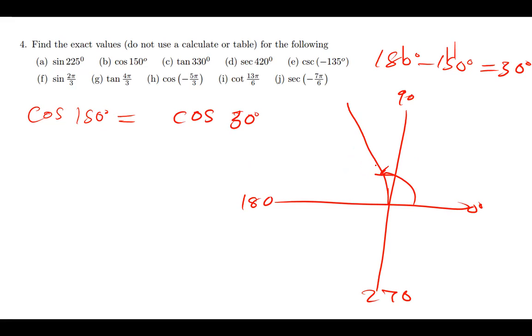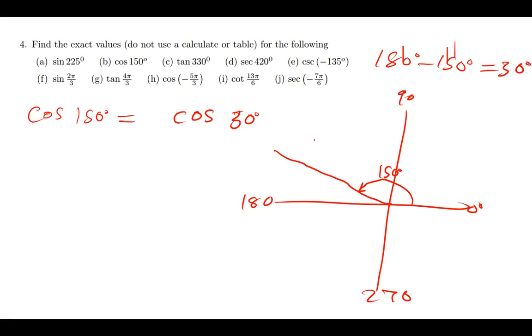Let me just draw it properly, at least it should be reasonable. So if this is 150 degrees, it means that it's in the second quadrant.